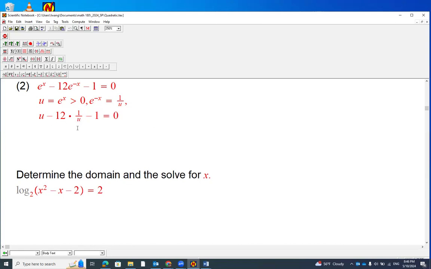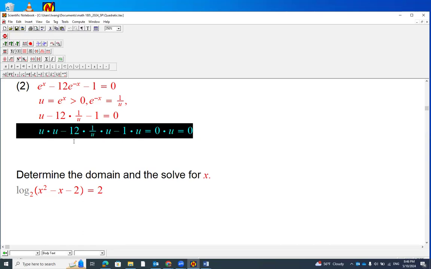So u is positive, so we're going to multiply u on every term on both sides. On the left-hand side, of course, is u times u. On this side, multiply u. On this side, multiply u. Of course, 0 times u is 0.